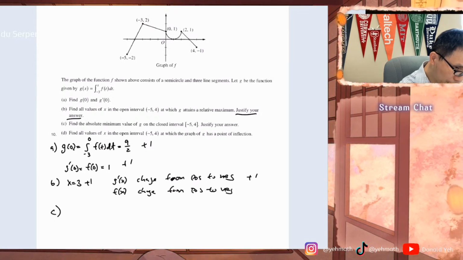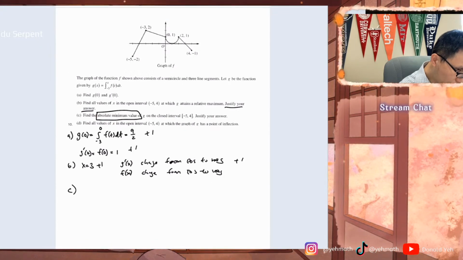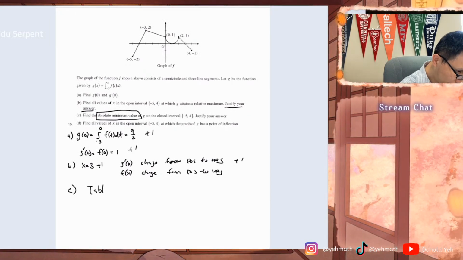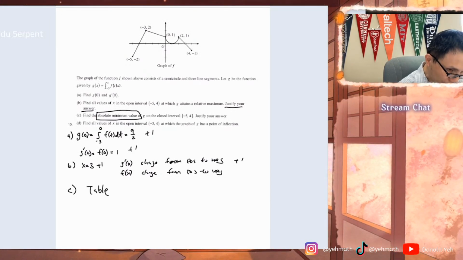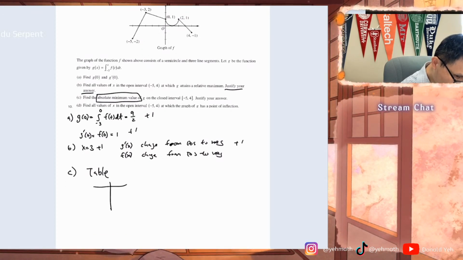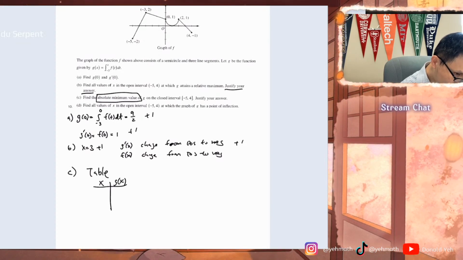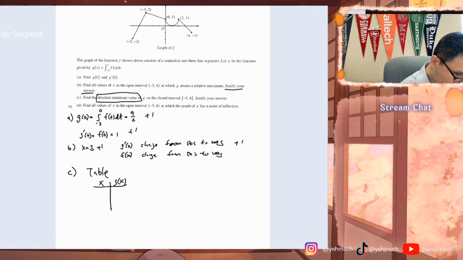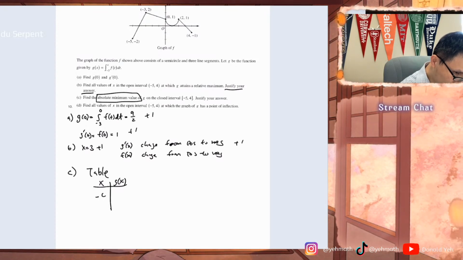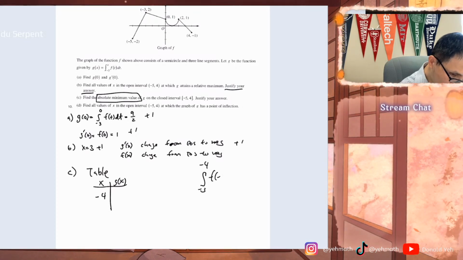When they have absolute minimum value, you are going to do a table. Okay, so table. That's the best way to justify. And we're going to say x and g of x. So when x is negative 4, g of -4 is going to be the integral from -3 to -4 of f of t dt.